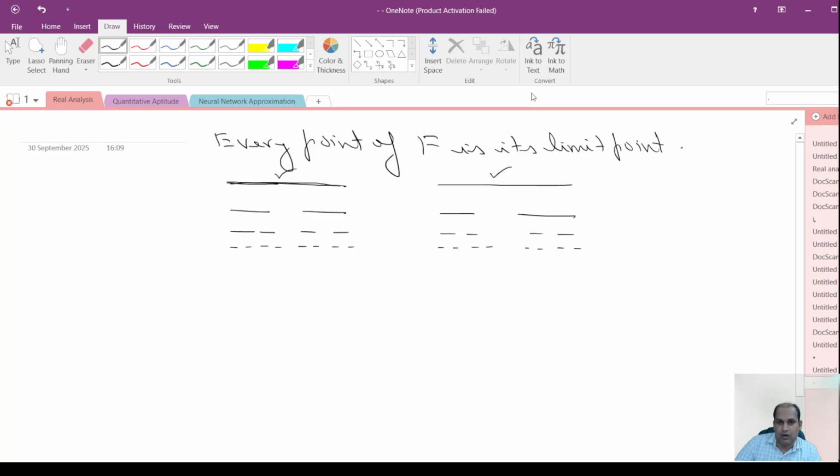Now, if we recall the limit point, the claim is that every point of F is a limit point of the Cantor set.